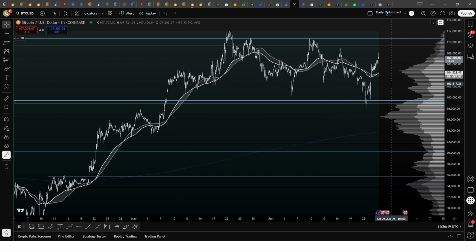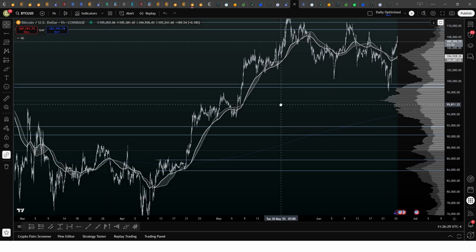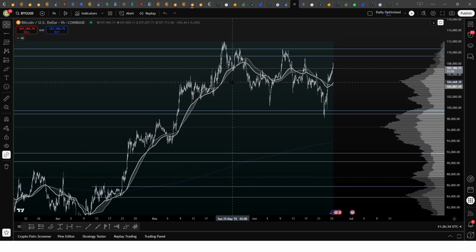I like mine because it's stylistic, but this is something a lot of people have been looking at as the low time frame trend for Bitcoin. You can see here, boom, boom, boom. It pretty much respected this all the way up. And now we're above it again, and so people are like, oh, we're so bullish. But again, this is what happened last time.